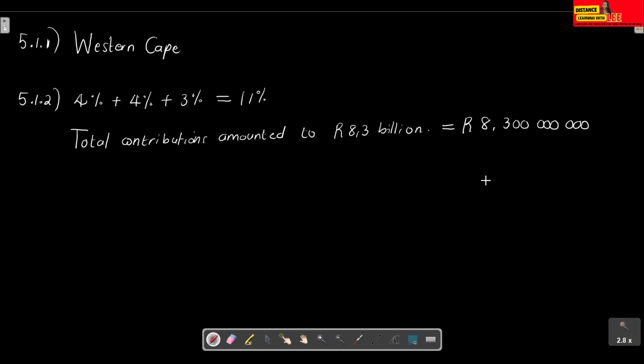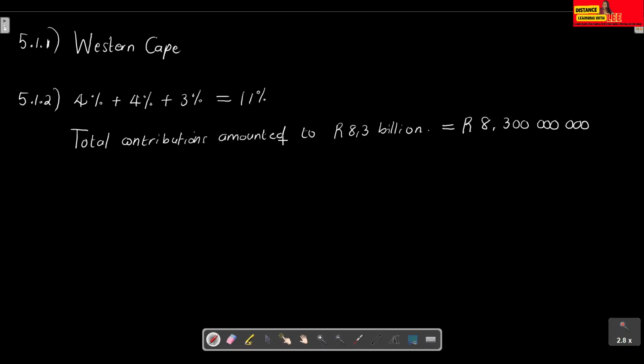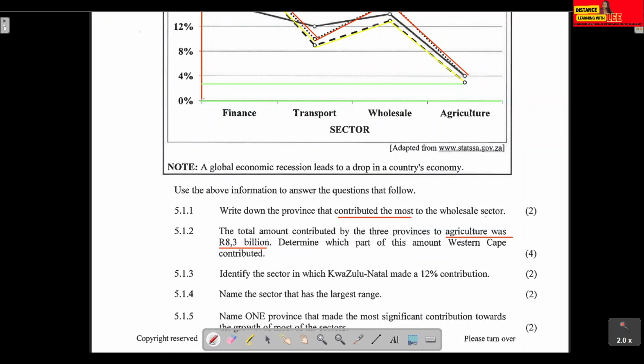We know this 8.3 billion is the total contribution that the Western Cape, Gauteng and KwaZulu-Natal made, and that this amount represents only 11%. So how can we determine the actual value contributed by the Western Cape?